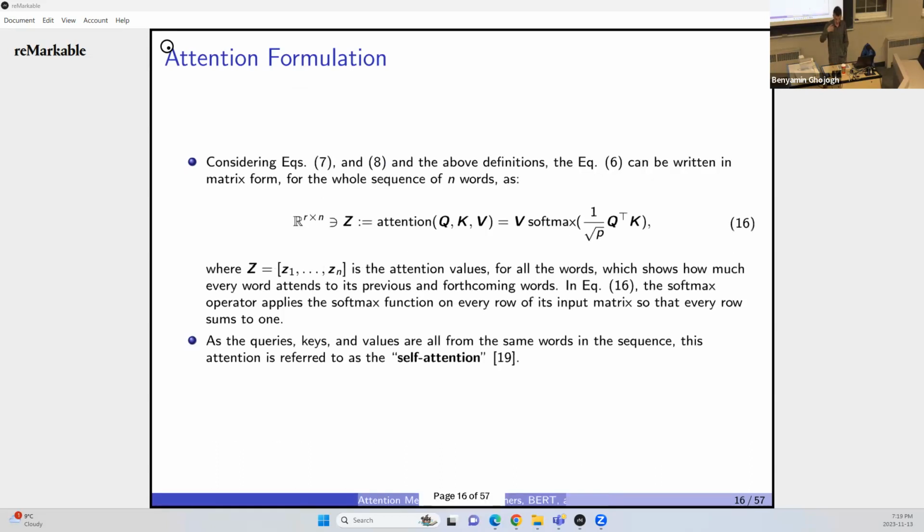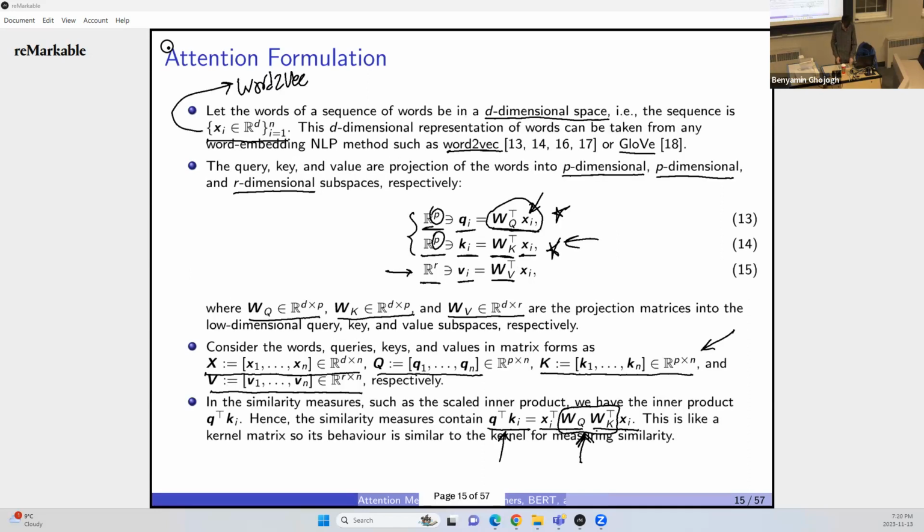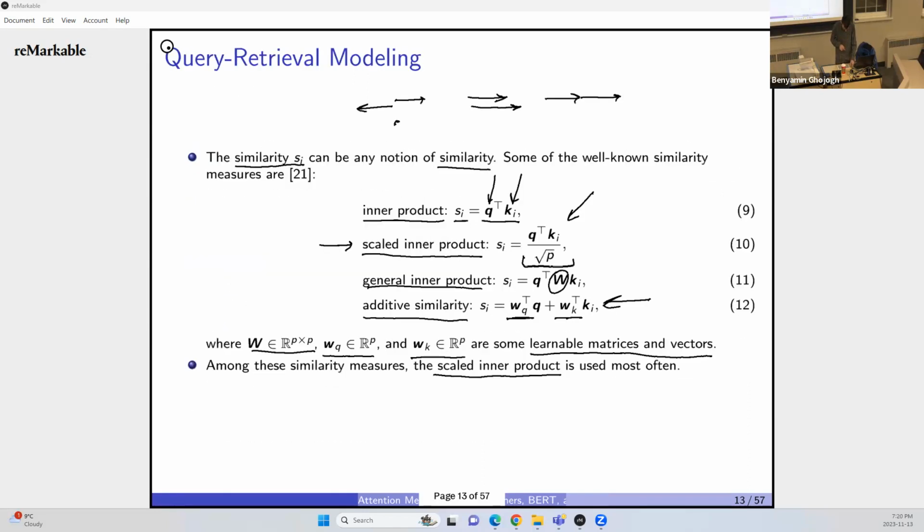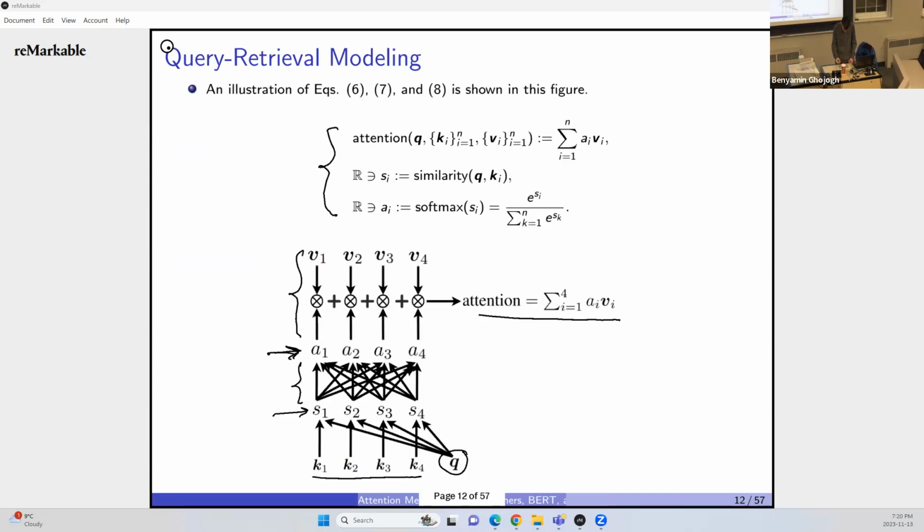So do you remember what we had in the previous slides? I'm talking about these. Exactly. So what was this? For example, Q transpose Ki over square root of P. Remember? One of them. So we had several ways to calculate the similarity.